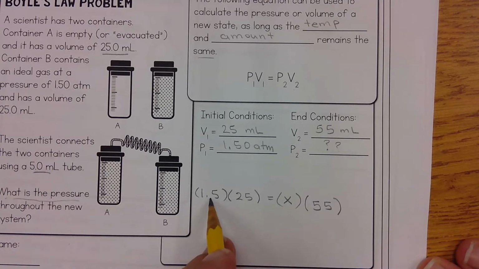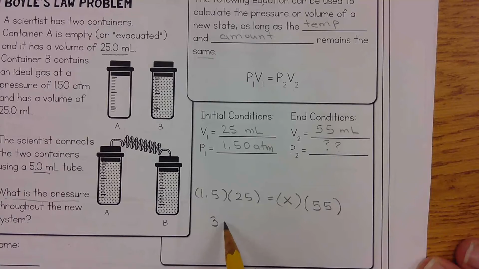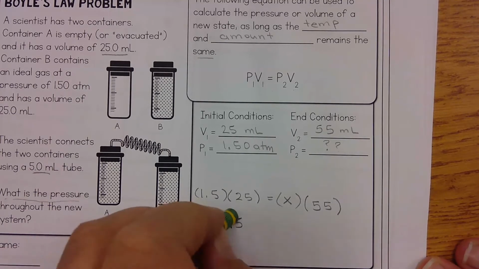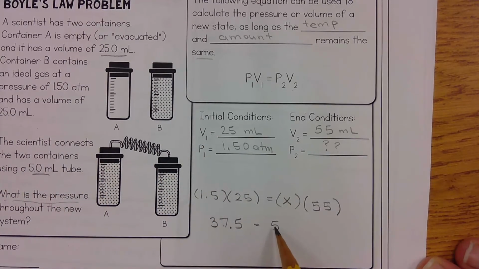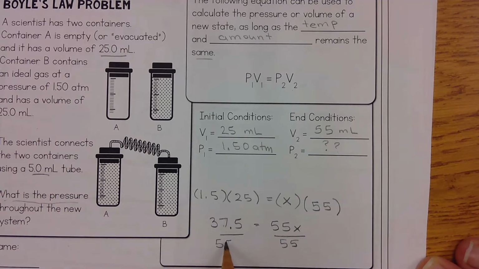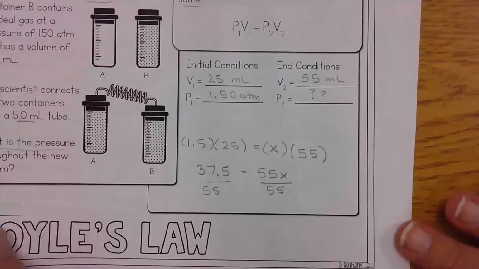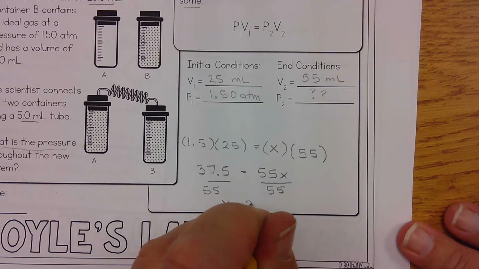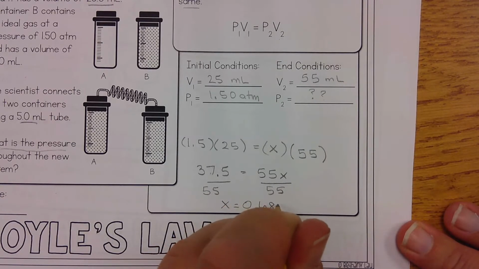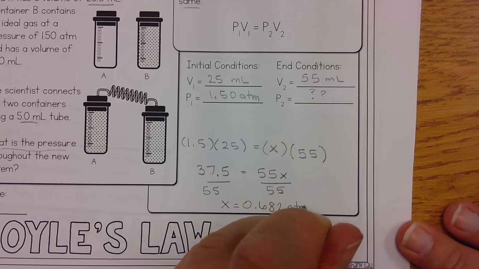Multiply here, we get 37.5 equals 55x. Divide by 55, and we get x, or my new pressure, is equal to 0.682 atmospheres.